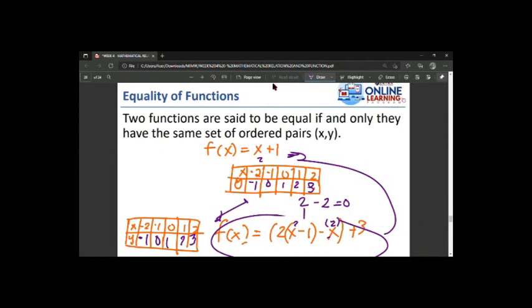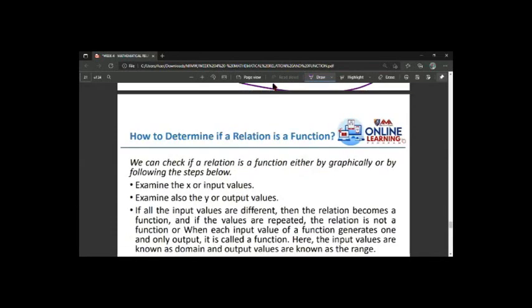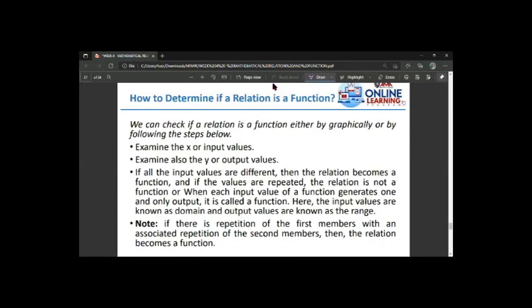So practice nyo to and let's see kung pareha sila. Practice nyo to sa inyo mamaya. So how to determine if a relation is a function? Diba sabi ko kanina, we can determine if a relation is a function if yung first element or yung domain is unique or non-repeating.